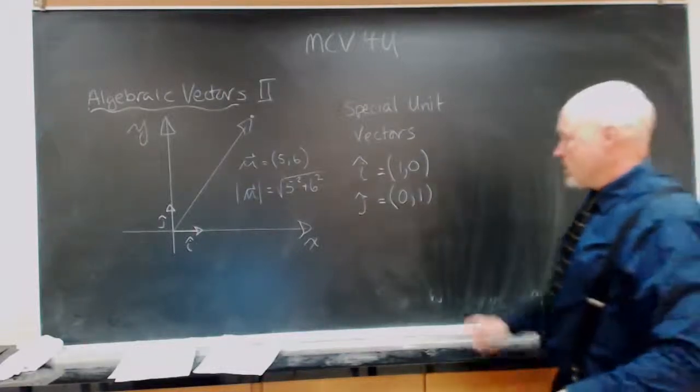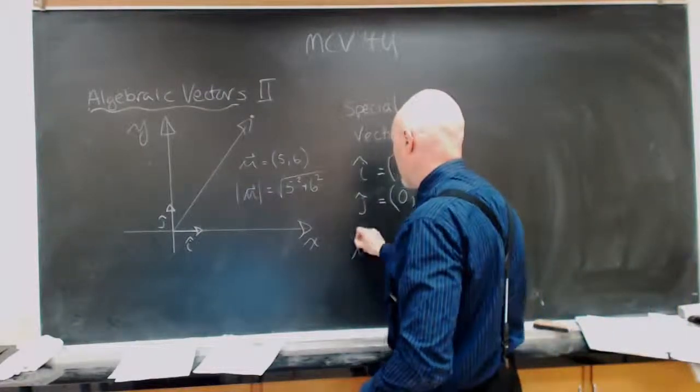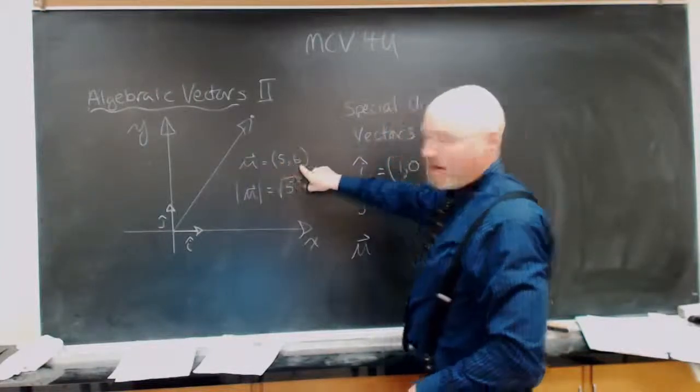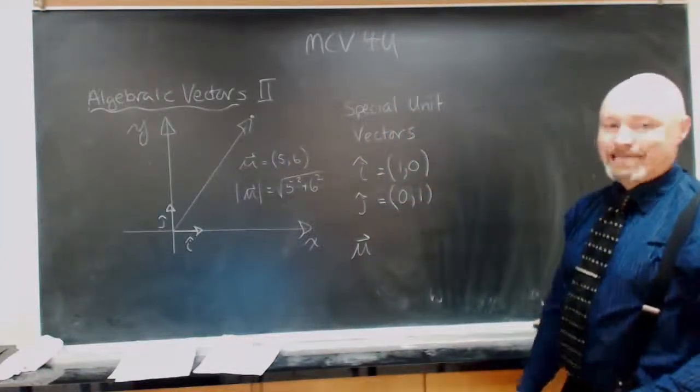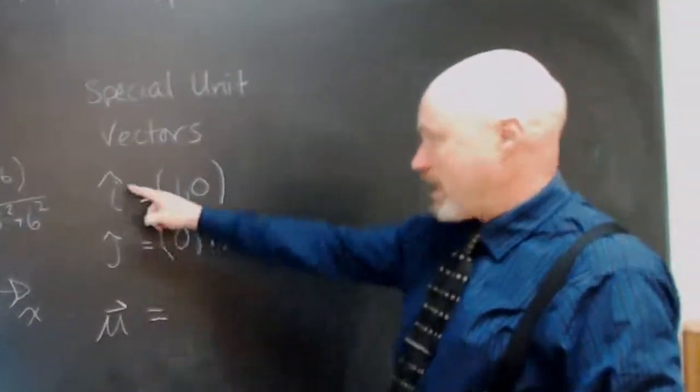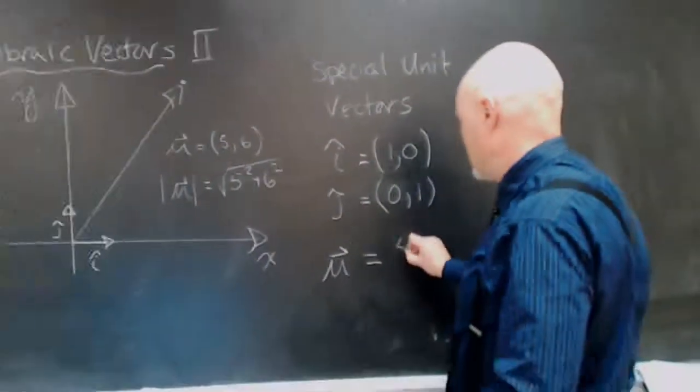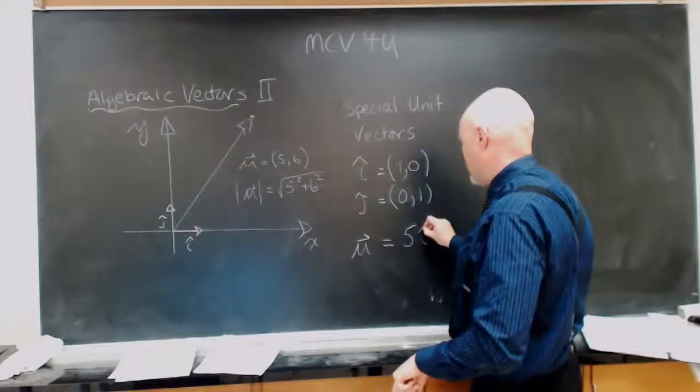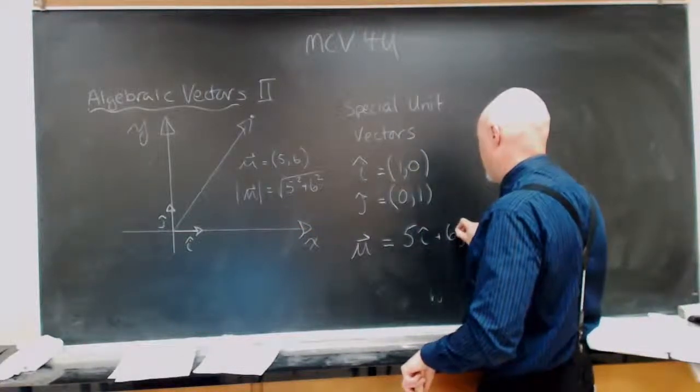I want to express my vector u, 5, 6, as a linear combination of I hat and j hat. 5 I hat plus 6 j hat.